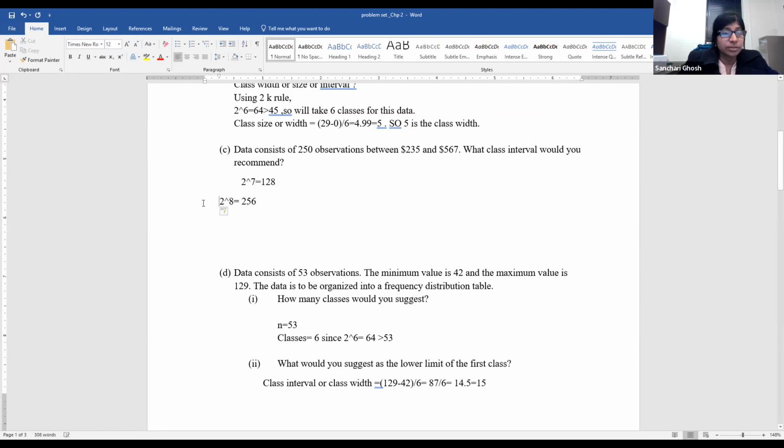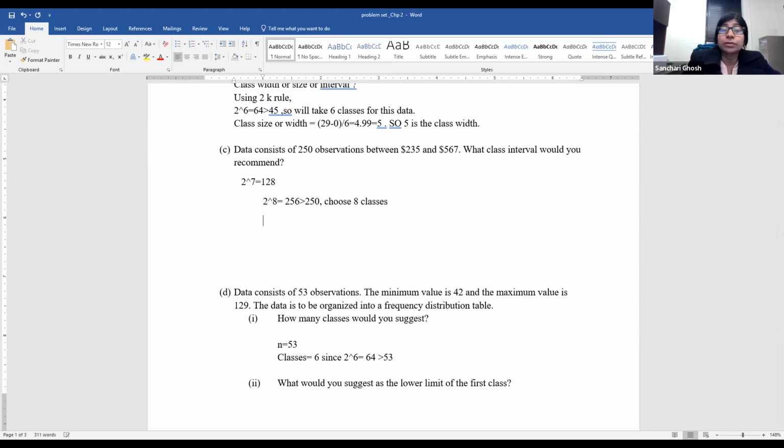Since 256 is greater than 250, choose 8 classes. And what class interval would you recommend? So what is the difference between the upper and the lower class size? It has a lot of names: class size, class width, class interval.